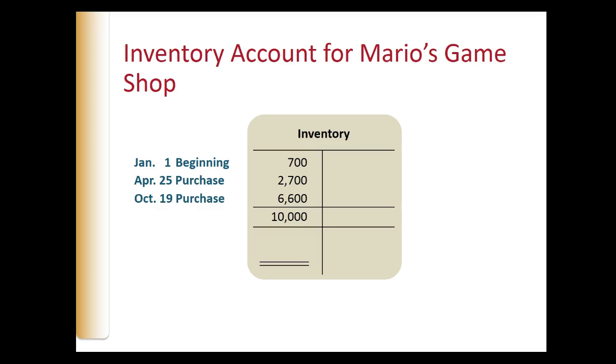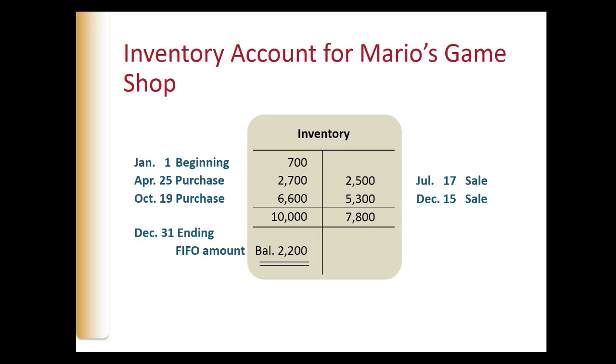For the entire year, Mario has 2 purchases and 2 sales. The cost of the purchases adds to the beginning balance of inventory. The sales reduce the balance of inventory for the cost of the inventory sold. The cost of the inventory sold is assumed to be the first inventory purchased, FIFO.